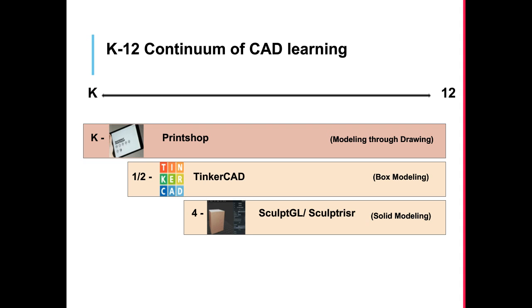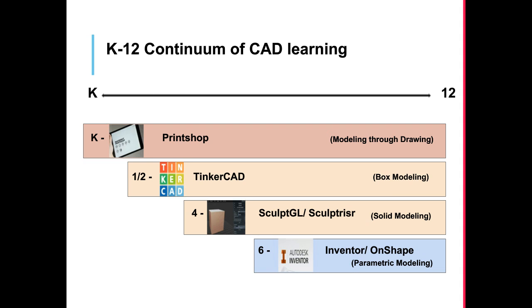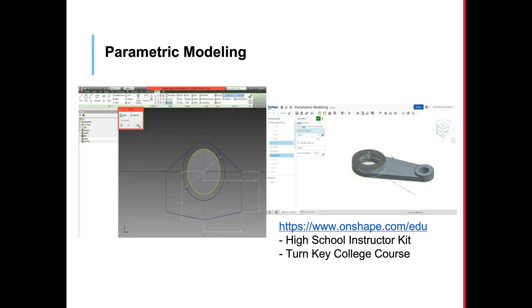So in that last step of this continuum of CAD education, we have what's called parametric modeling. And so two parametric modeling tools: one's called Inventor, and another one that I want to highlight is called Onshape. So in brief, where Tinkercad was solid modeling where you dragged in solid shapes, in parametric modeling you start with two-dimensional designs where you have to put in measurements for each piece, and you add parameters, so that's where parametric gets its name.